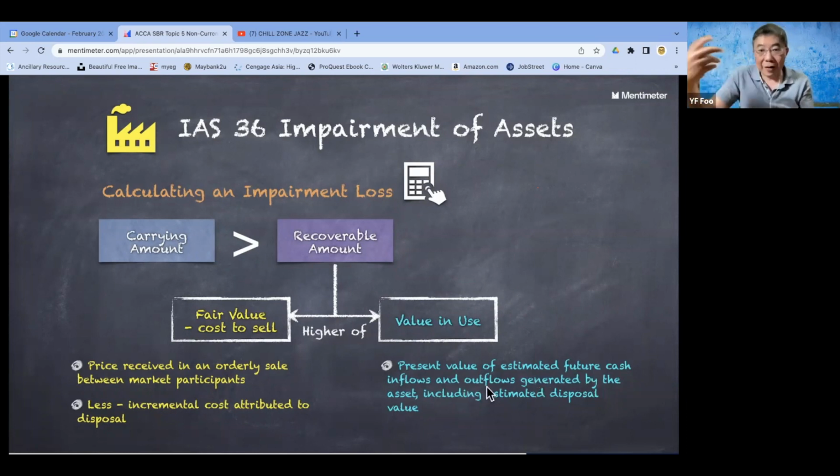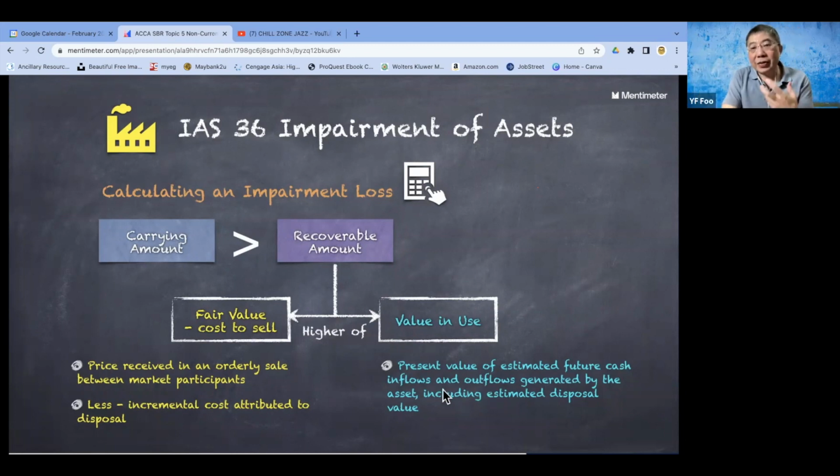Of course, we may also have outflows, not just inflows, right? Because you may have to spend money. If you are making a product, you have to spend money to buy the raw materials, and then only you can sell. So what you're looking for is the net cash inflow less cash outflow. Okay, so you are going to project these future cash flows. And as I said, those cash flows are in the future, so you have time value of money, and then you have to discount it back.